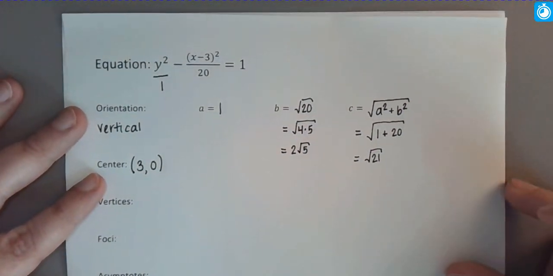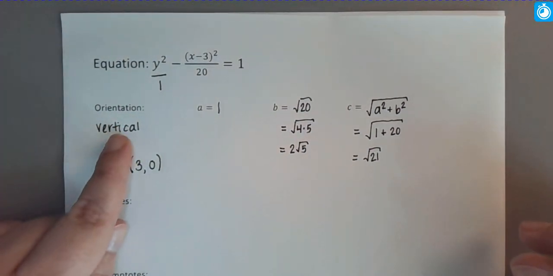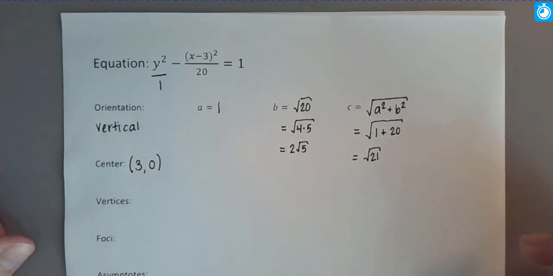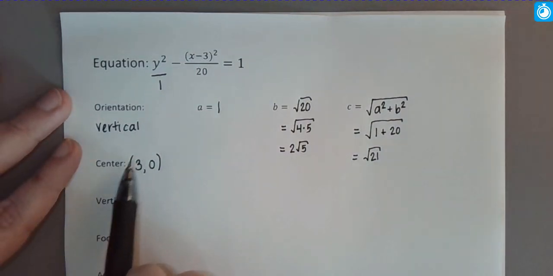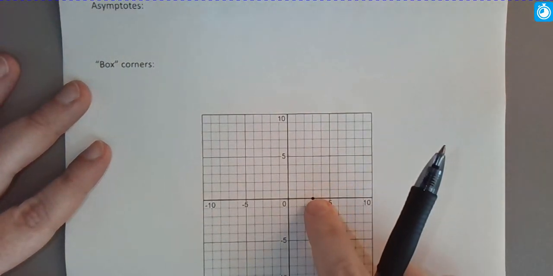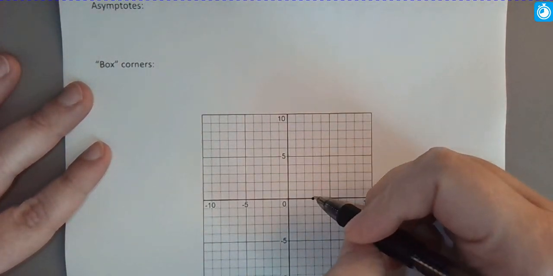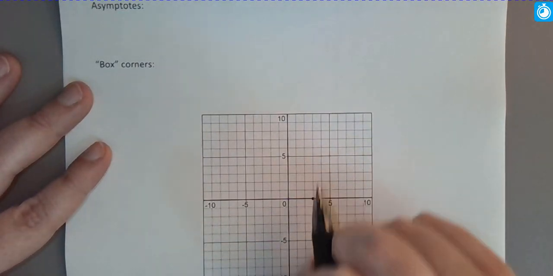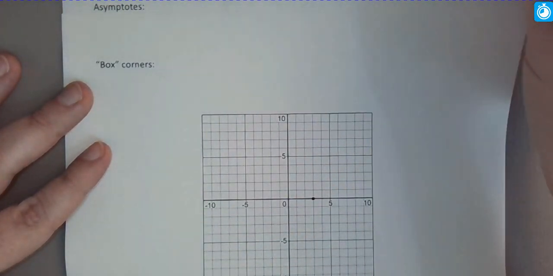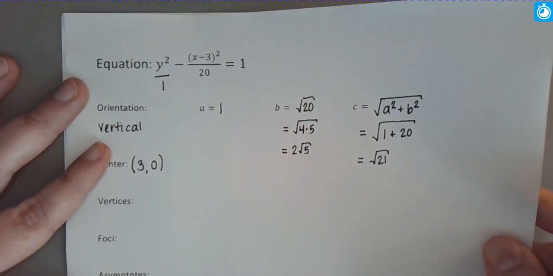Now let's find our vertices. Since we're talking about a vertical hyperbola, the vertices are going to be above and below our center. So think of holding the x value constant. If we were to visualize this, we're holding the x value constant, and then we're distributing the vertices above and below that. So we're changing the y value while leaving the x value for the center constant.